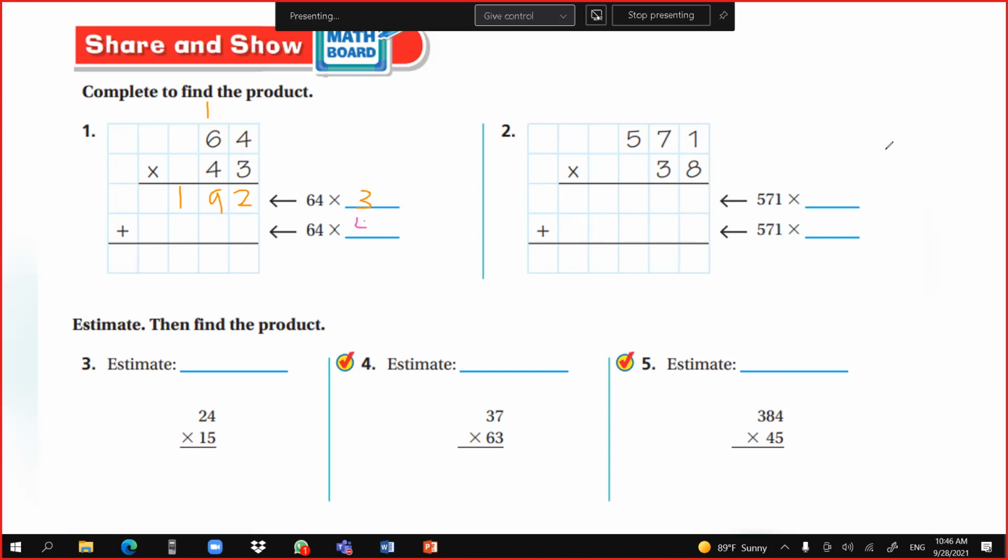Bravo. But here, what about 4? What do you have to add first? Because you are in tens place. So what do you have to add? 0. Bravo.